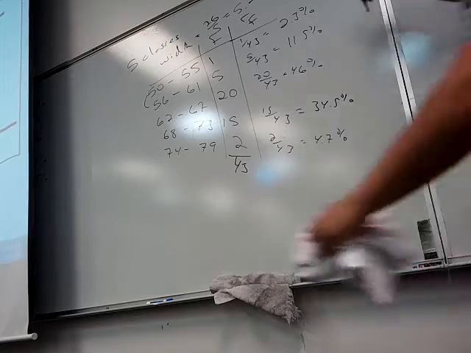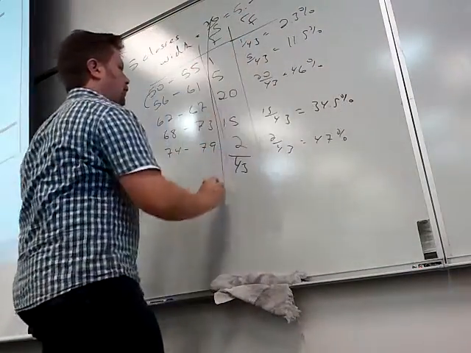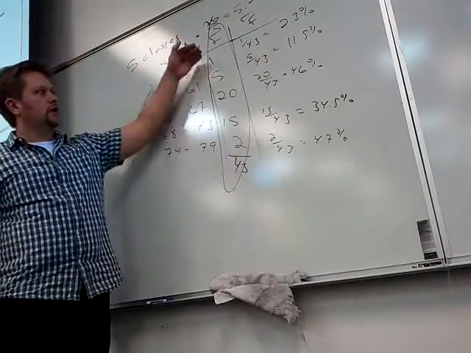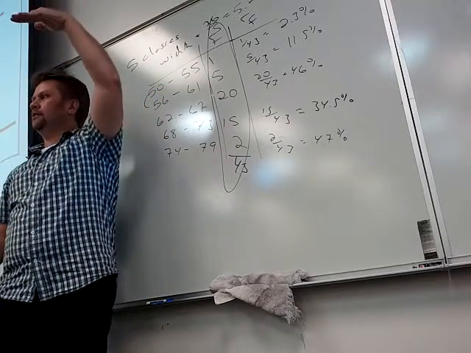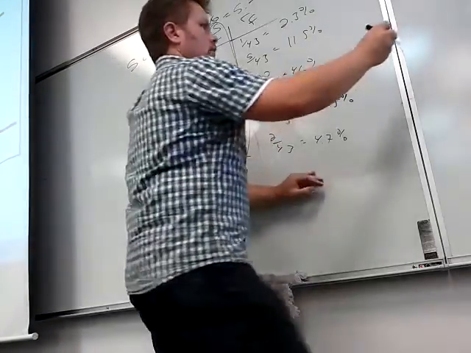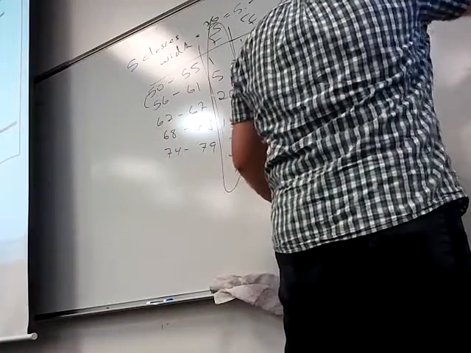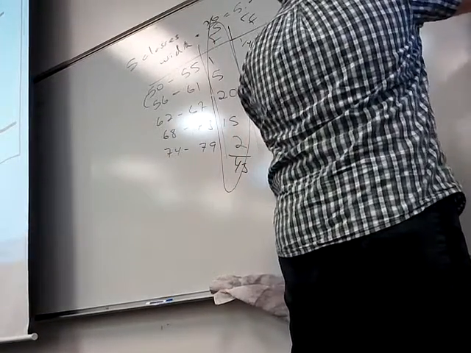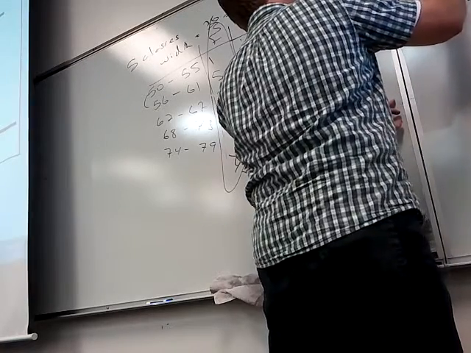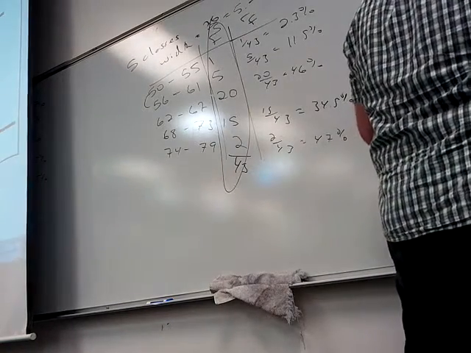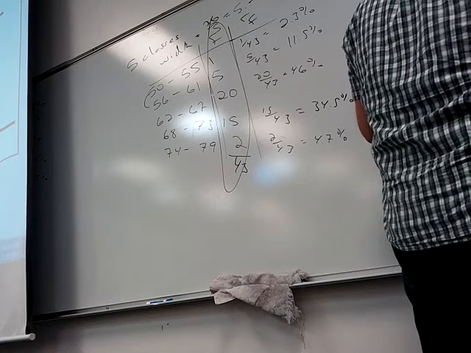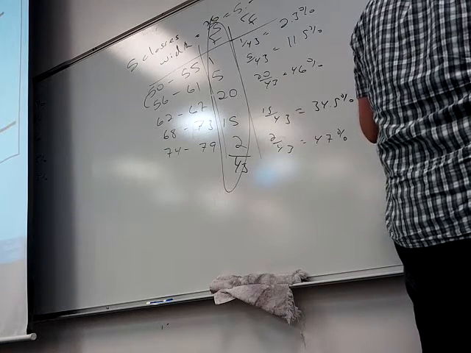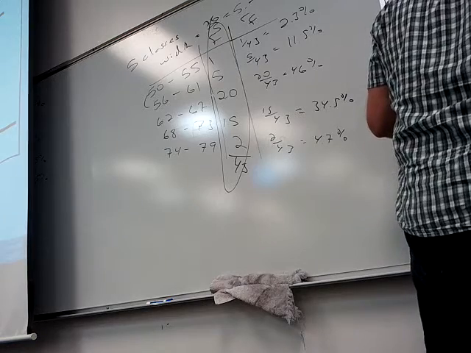Now, I want a frequency histogram, so it's got to go from 0 up to 20. So going by 5 should be decent, right? 5, 10, 15, 20. This is frequency. This was heights of students.